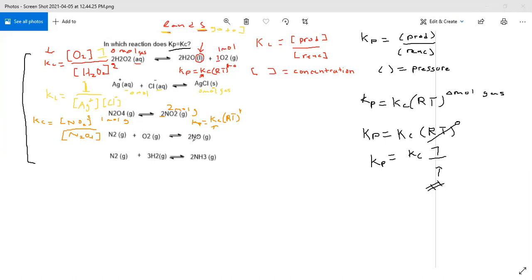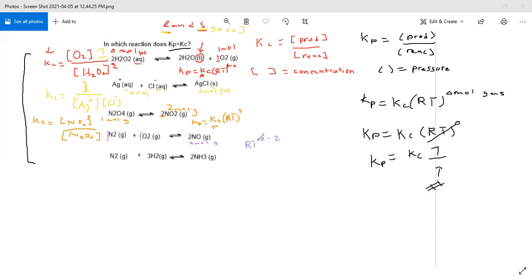So here we have 2 moles of gas. And here's 1 mole of gas because we have an invisible 1, right? And here's another mole of gas. So it looks like this is actually the one. So we're going to have a change in moles of 0 because 2 minus 2, products moles minus reactants moles, is going to equal 0.